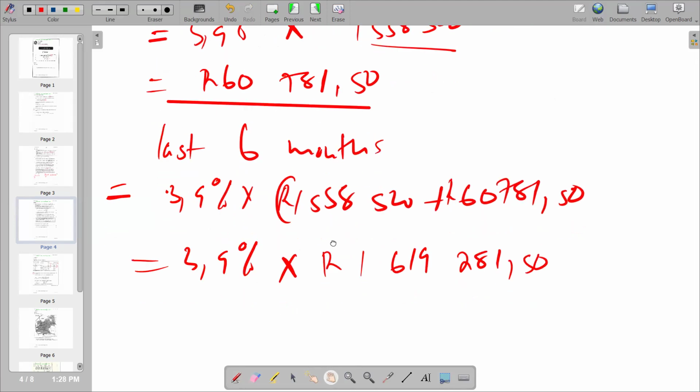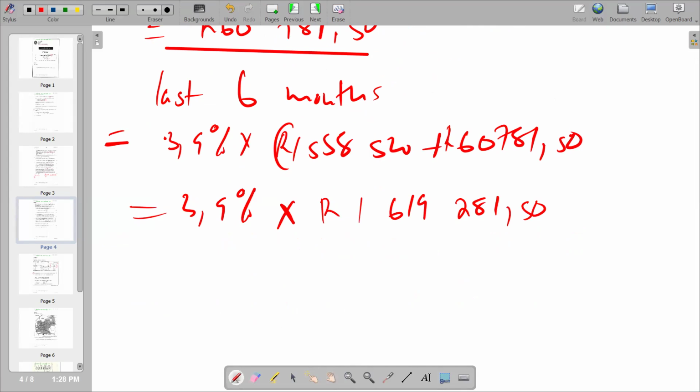So that we can now calculate the interest that we have, which is going to be 63,151 rand 98 cents. So this is what we have.